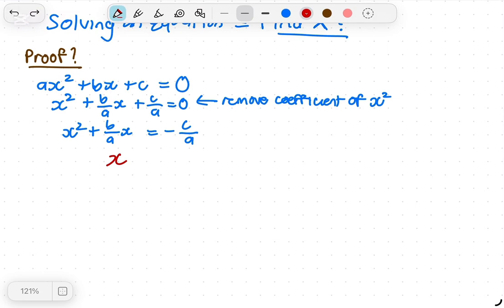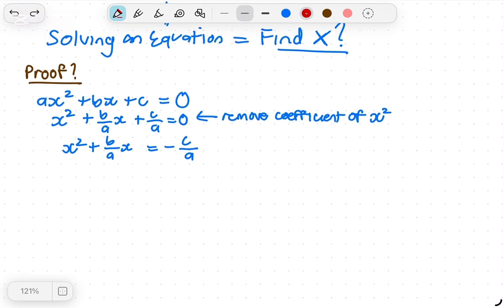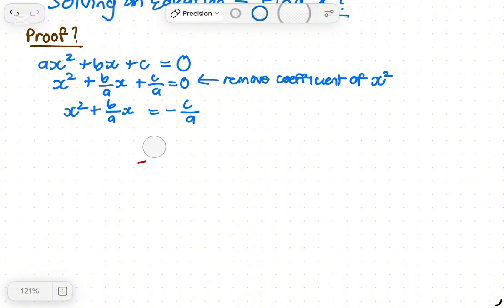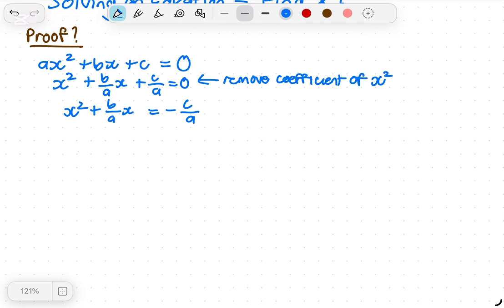Well, if you remember from completing the square, instead of what most of you might do, which is factorize this into x plus b over a, you get two x's here, which is very hard and complicated to deal with. Instead we can use what we've learned in completing the square and turn this into an x plus r squared expression.